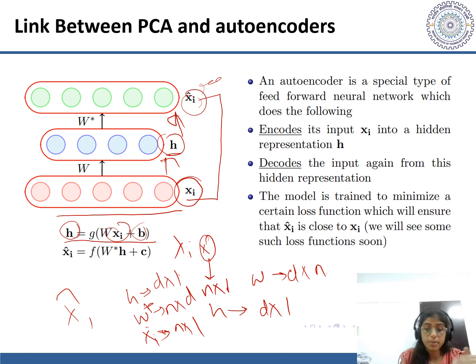I am reducing the dimensionality, taking into account only the most important eigenvectors or eigenvalues. Now to prove under what circumstances autoencoders and PCA are equal, let's proceed to the next slide.